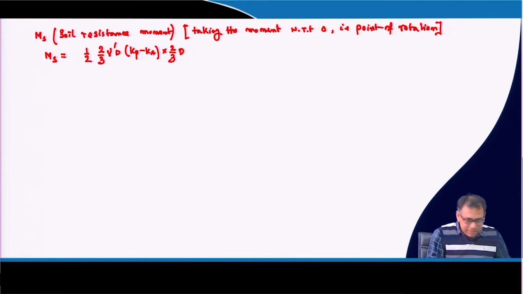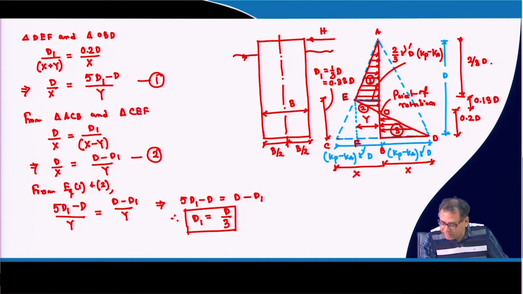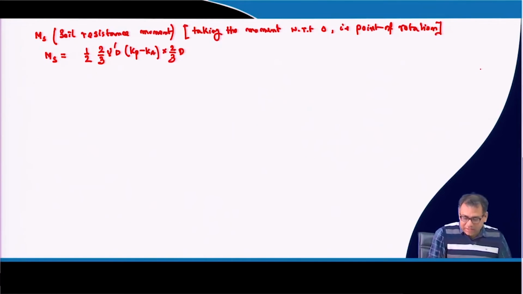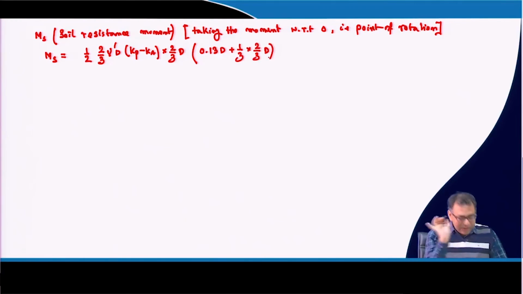Then, because we are taking moment from point O, the lever arm will be 0.13 d plus 1/3 of 2/3 of d. So, this is for triangle 1.